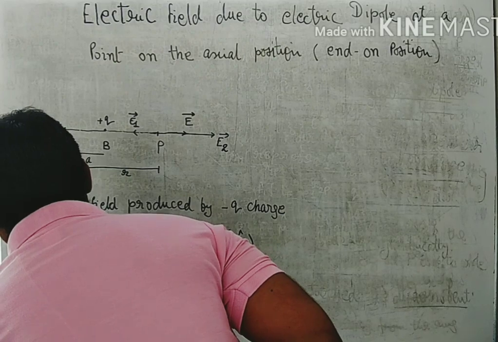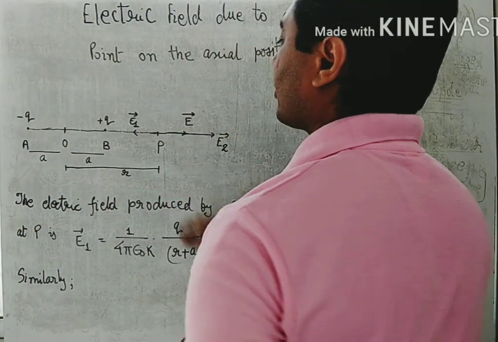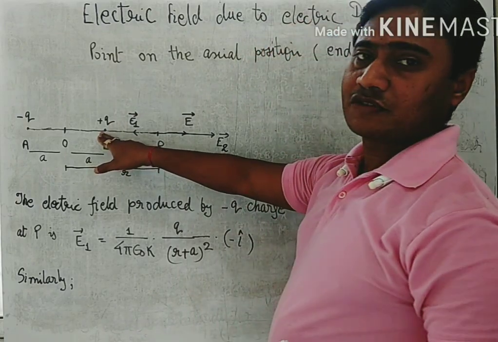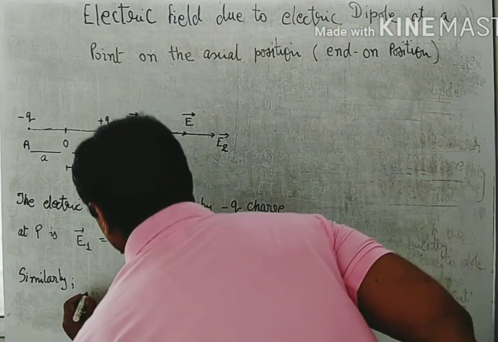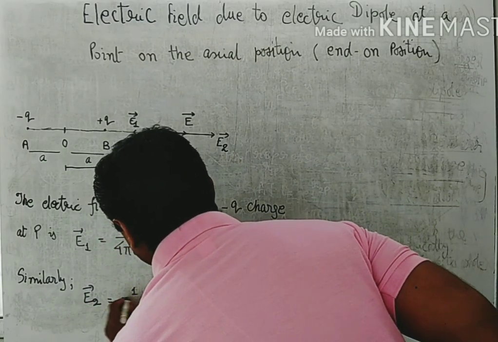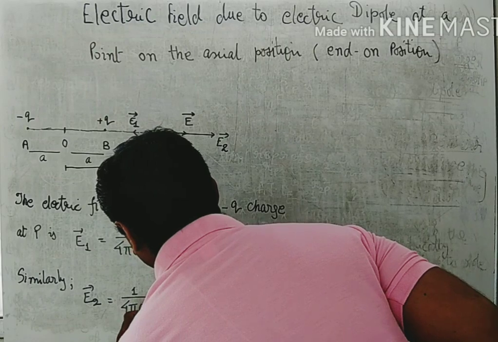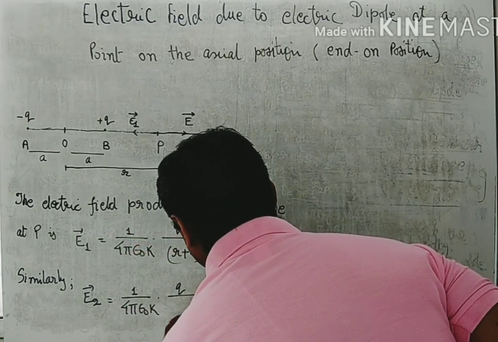Similarly, we can write electric field produced by this positive charge at point P. So vector E2 will be equals to 1 upon 4 pi epsilon naught K source charge upon.